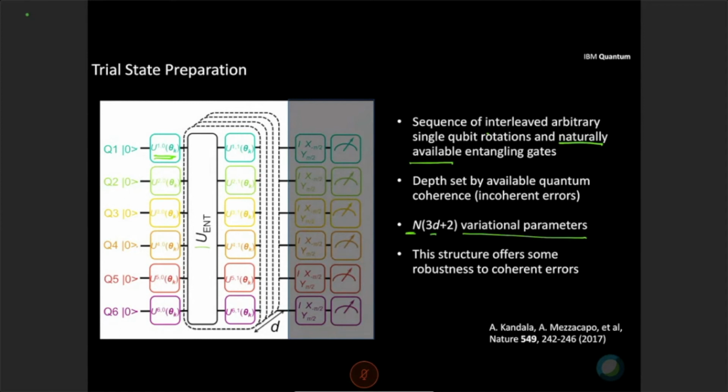So the longer the circuit, the more variational parameters. Perhaps one thing I didn't emphasize enough was, why would one want to go longer? In general, the longer you go, the more of the Hilbert space you're able to access. So it's basically this competition between the available coherence that you have and how much circuit depth you need to be able to access your ground state.